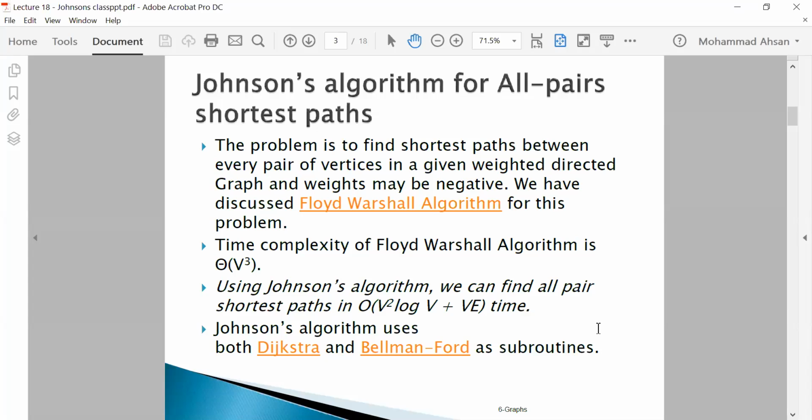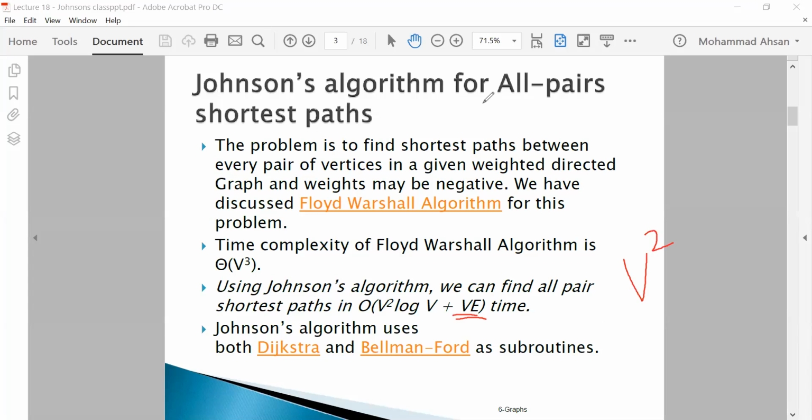And in case your graph is a complete graph, so if you remember, we discussed that if it is a complete graph, then the number of edges is equal to V squared.